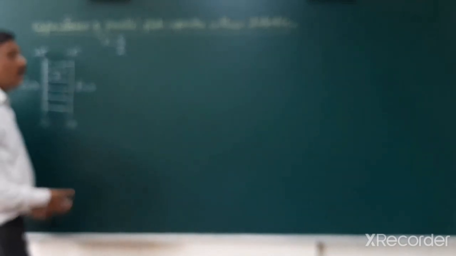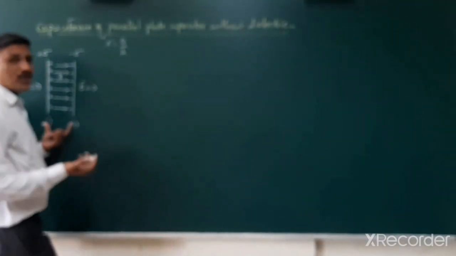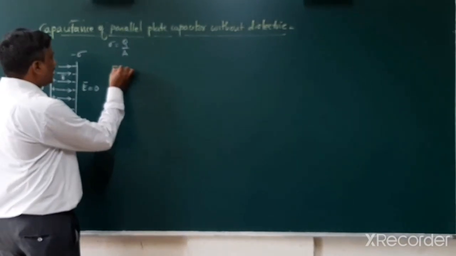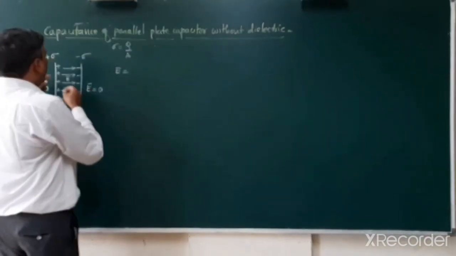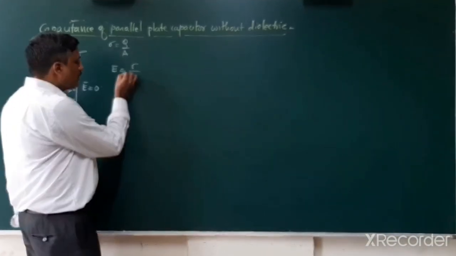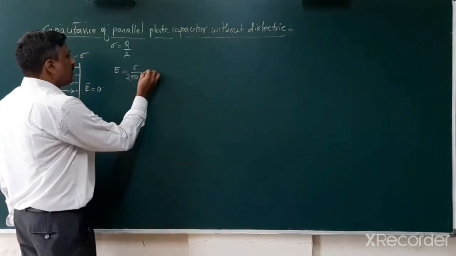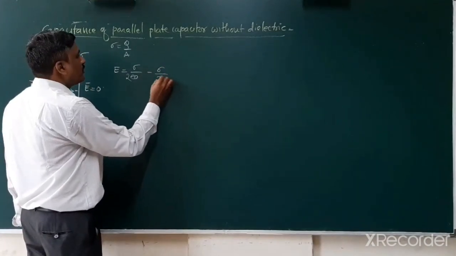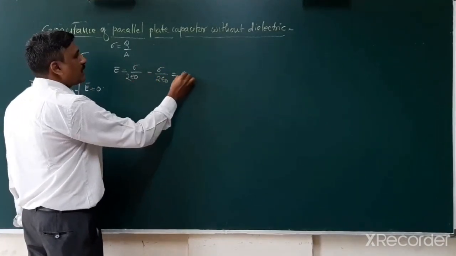Now we have to study why the electric intensity outside is 0. Just calculate the electric intensity E for one parallel plate. The formula for electric intensity is sigma upon 2 epsilon 0. Here there is a negative charge, sigma upon 2 epsilon 0. The difference becomes 0.